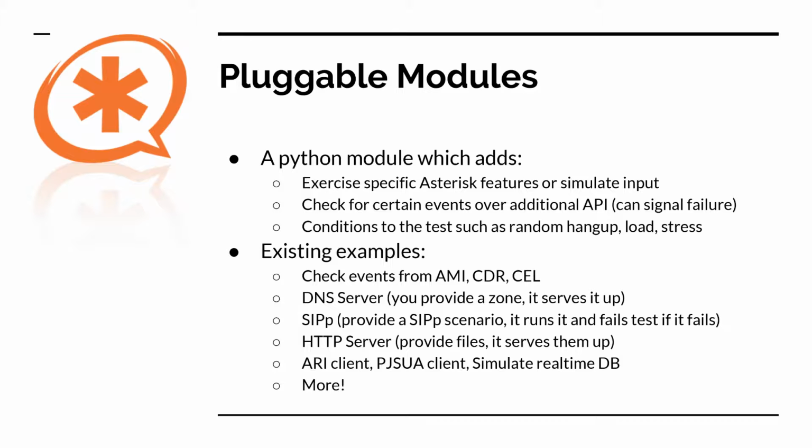SIPp, which we've provided an example of, runs the SIPp scenario. An HTTP server, that we may have a need for in the test suite, say we're testing func curl. We need it to be able to actually go and get something. So you can spin up an HTTP server as a pluggable module.